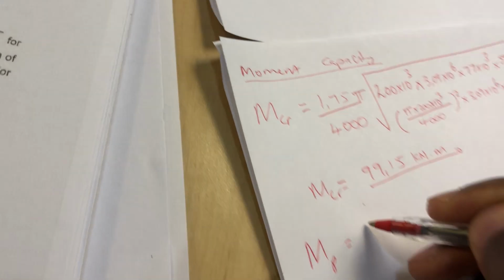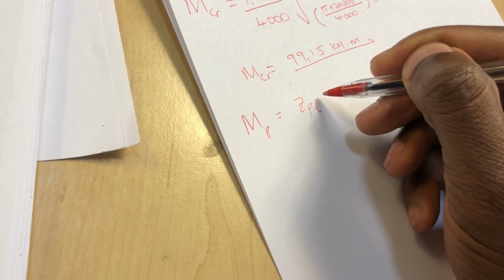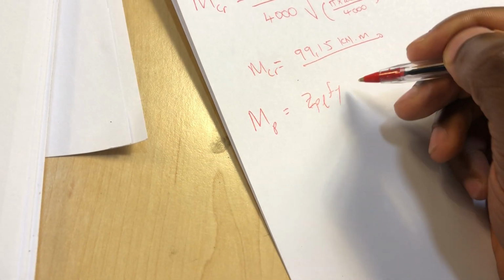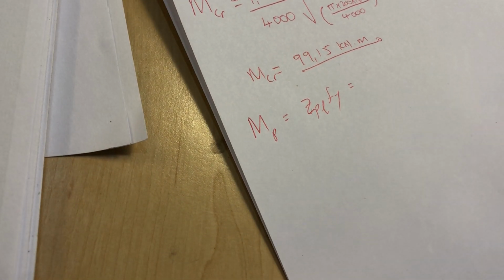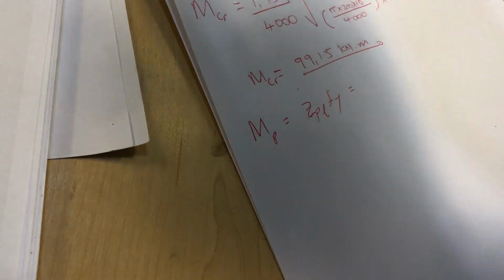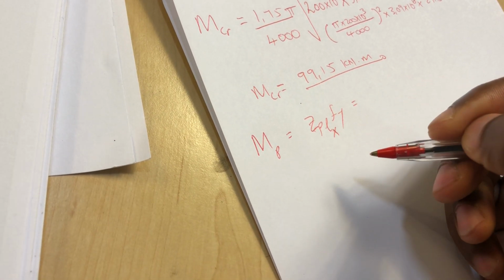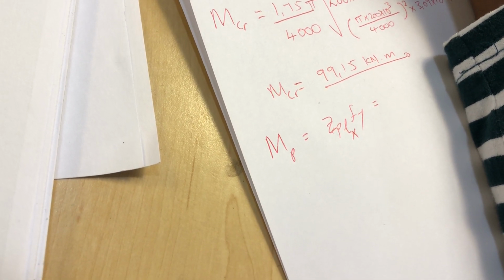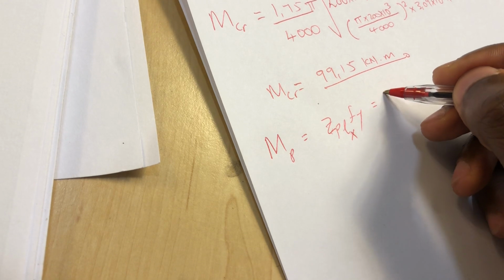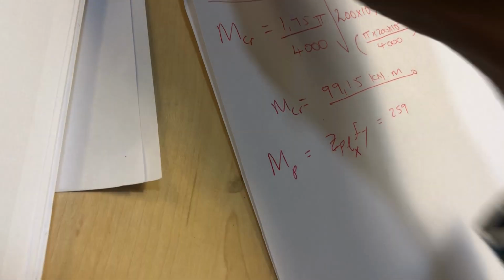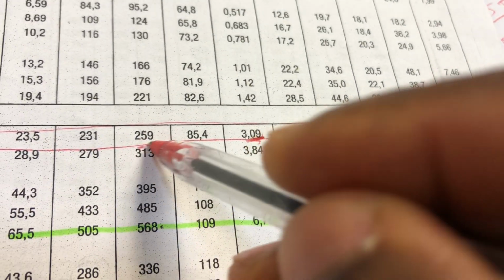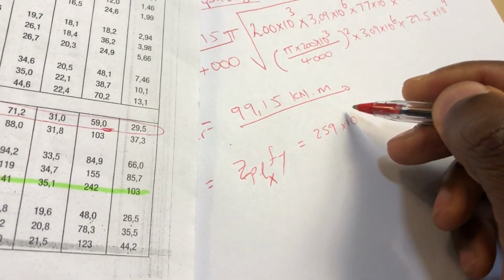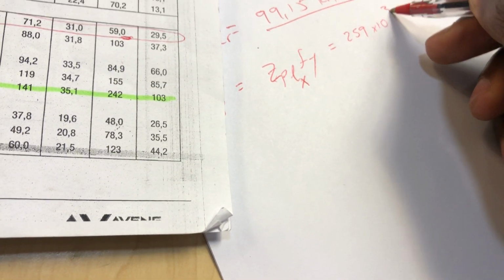So now you calculate your MP. MP is ZPL FY. Okay, ZPL FY, which in this case is going to be the ZPL. You take the one for X. So the ZPL for this is 259. You take it here. It's 259 times 10 to the power 3.